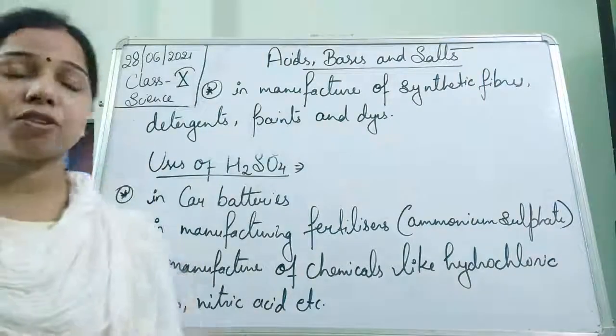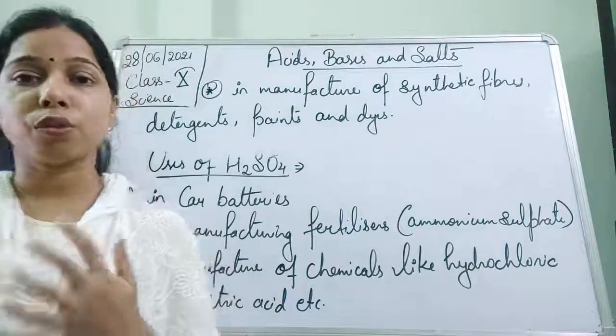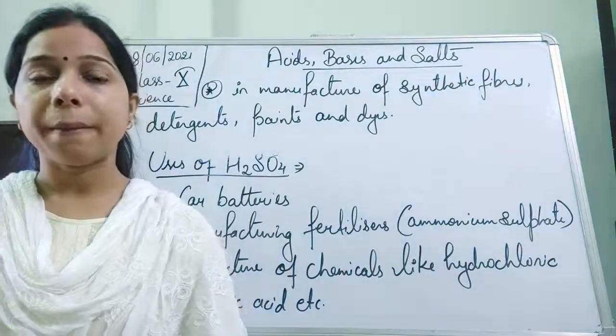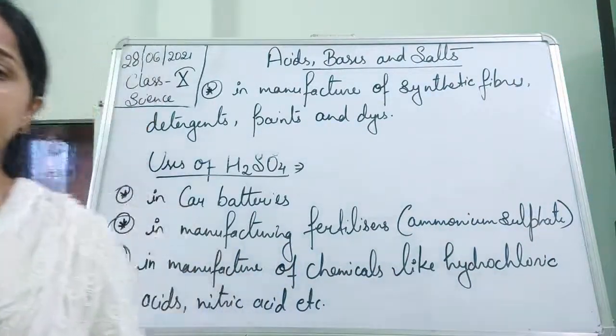It is used in manufacturing fertilizers, as well as in synthetic fiber, detergent, paint and dyes. All are made with the help of sulfuric acid, students.